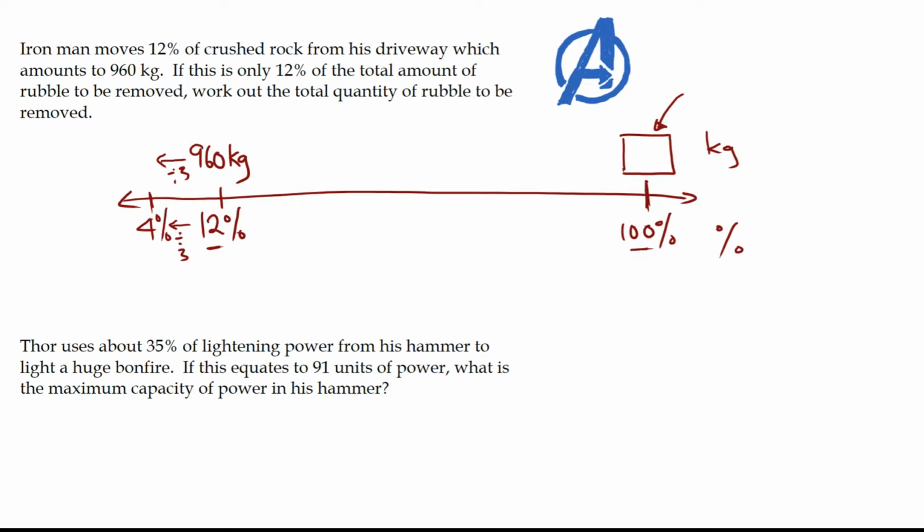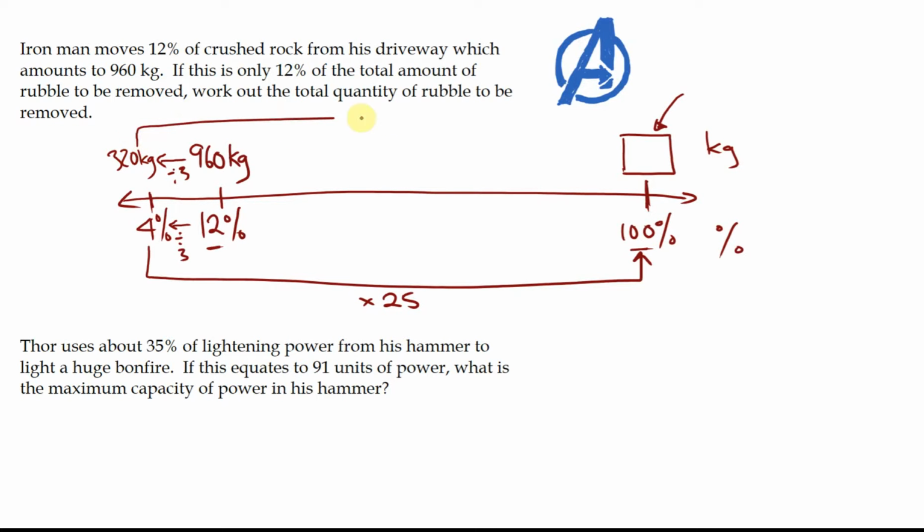960 divided by 3 gives me 320. So 320 kgs is the same as 4%. Now 4%, if I multiply that by 25, I'll get 100%, which means I must also multiply 320 kgs by 25 as well.